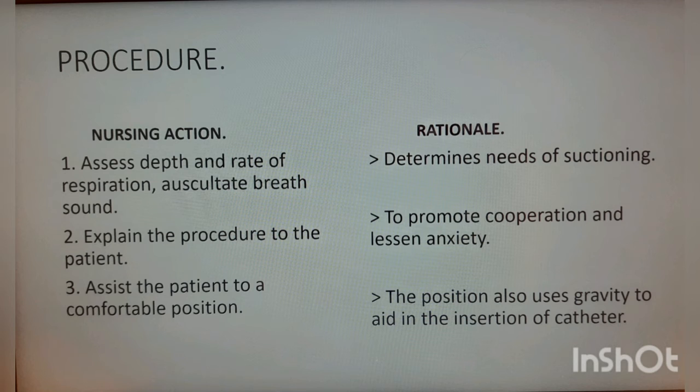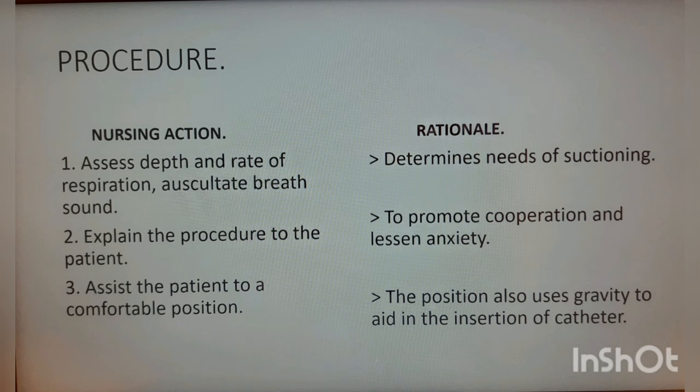But if the patient is unconscious, we can explain it to the relatives. Thorough explanation lessens patient anxiety and promotes cooperation. Next, assist the patient to a comfortable position. If the patient is conscious, we can keep him in a semi-Fowler's or Fowler's position.